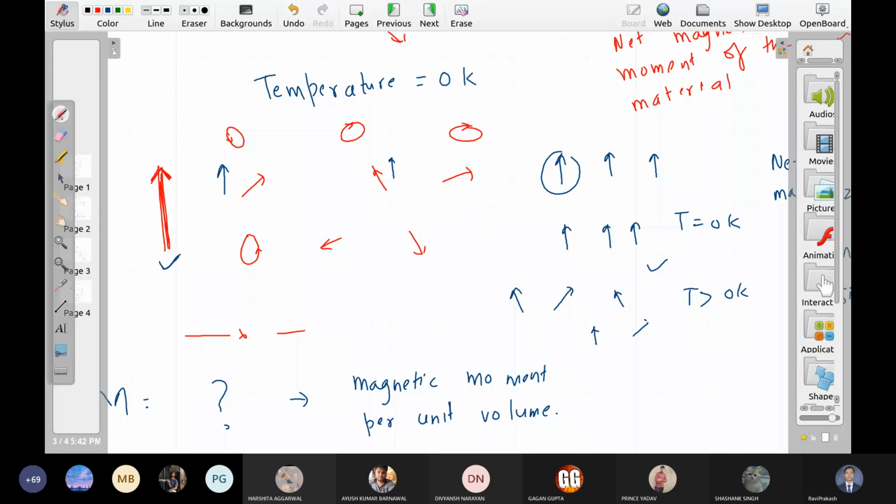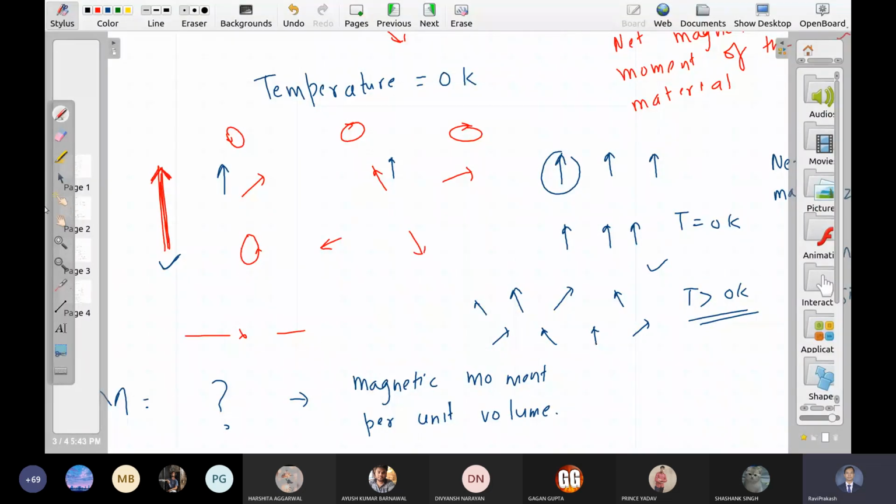They are favoring the magnetic field, but they are also affected by the temperature. So we have some mixed effect, and accordingly we will have the effect of temperature.